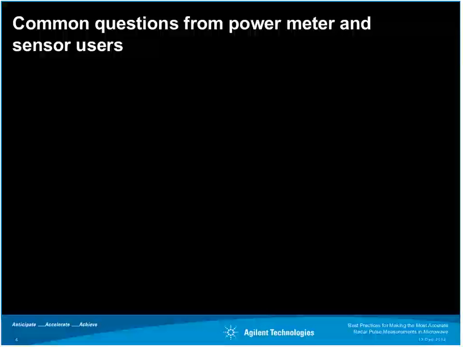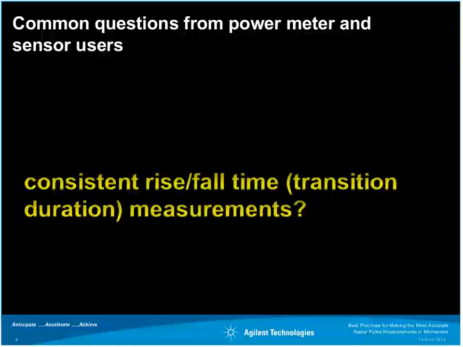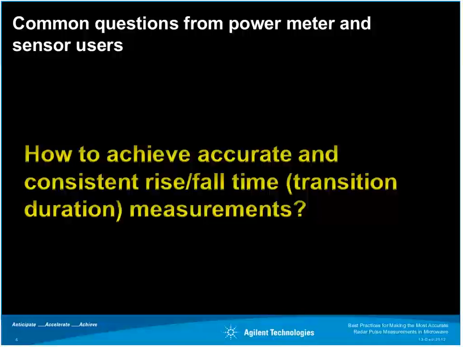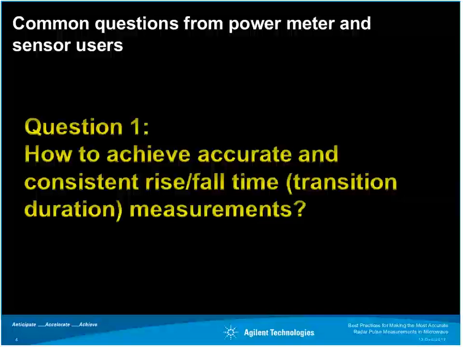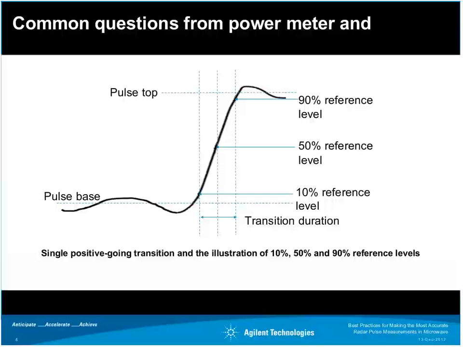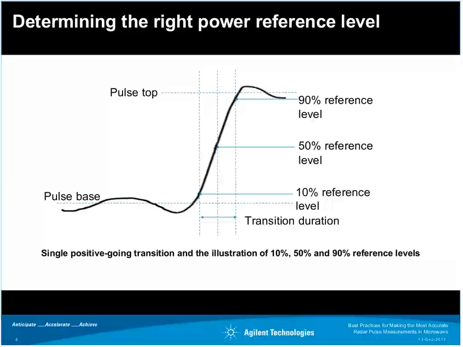A very common question from power meter and sensor users is as follows. How do we achieve an accurate and consistent rise and fall time, also known as transition duration, for measurements? Well, first of all, you need to understand and use the right power reference levels.